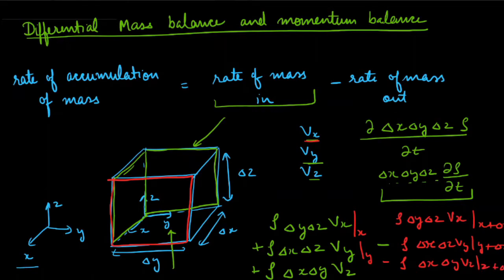So for velocity Vy, the mass flow out will be from this particular area, and for Vz the mass flow out will be from this area. So the positions you can see are at x plus delta x, y plus delta y, and z plus delta z.